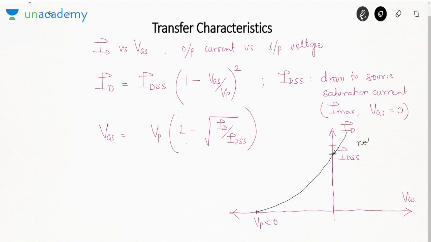But this region is not used in a JFET, we will only use this region. Similarly, for P channel JFET, the curve will be on the positive x-axis, because for P channel JFET we apply positive gate to source voltage. For N channel, remember VGS is less than 0, VP is also less than 0, and for P channel both are greater than 0.